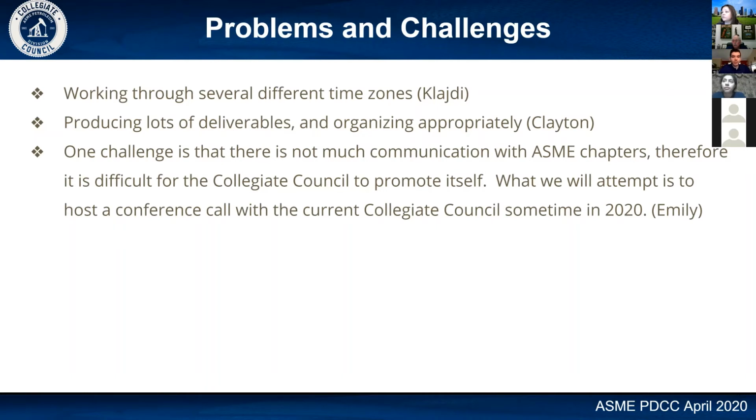When it comes to problems and challenges that we faced, one of the first problems and challenges that I thought of was working through several different time zones. And this I thought was really great because it gives you a great idea of what it's like working in the real world. Throughout the few internships I've had, that's one of the most difficult things that I've learned that we go through.